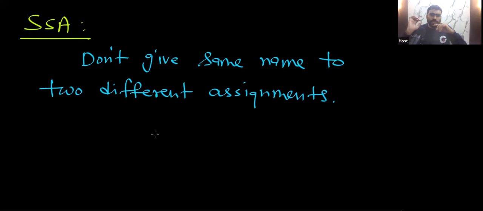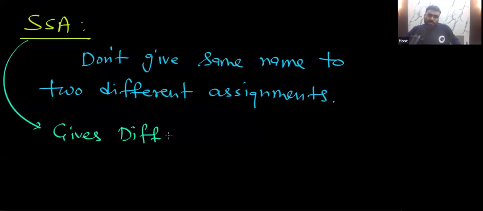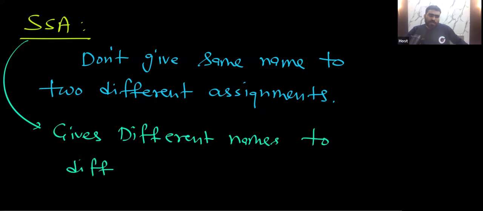Yes or no? So that is the same idea. Remember, in SSA, we are giving different names to different assignments. Basically, what SSA does is give different names to different assignments. Is this clear?